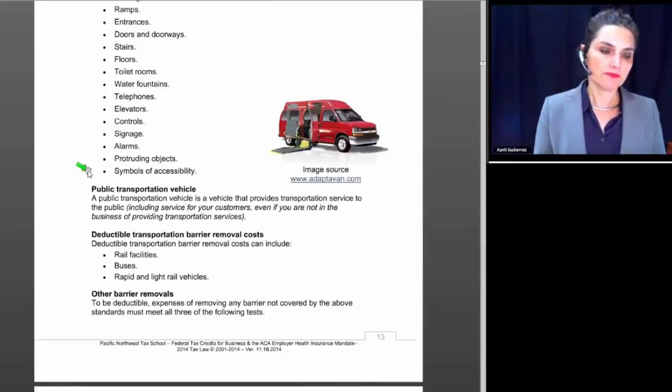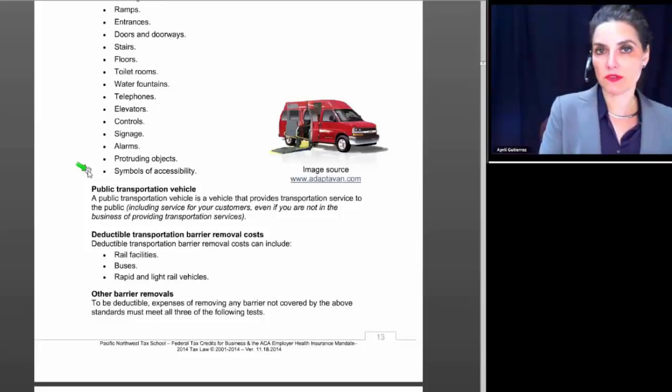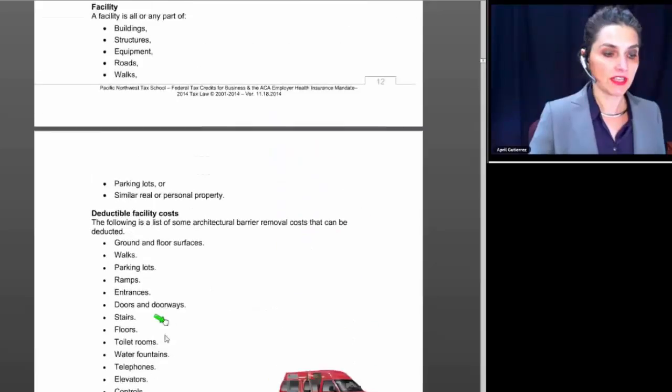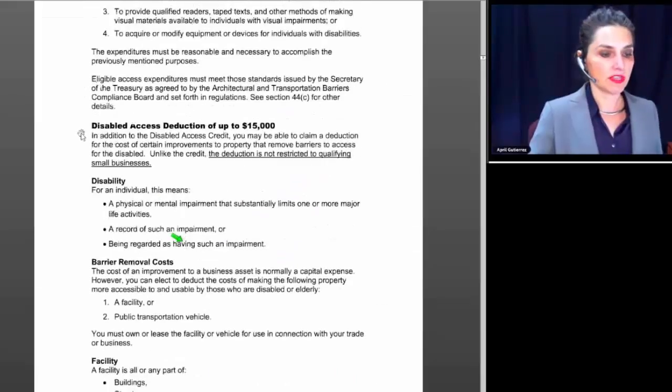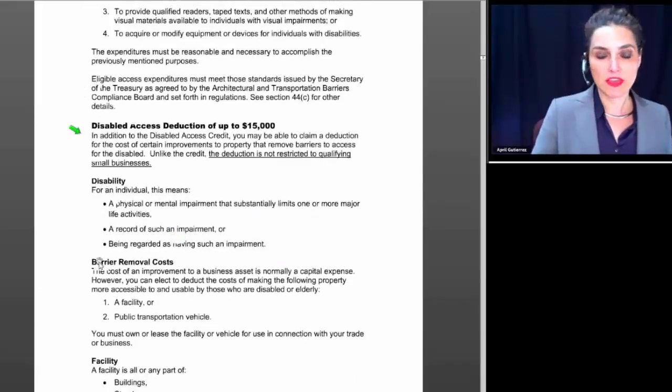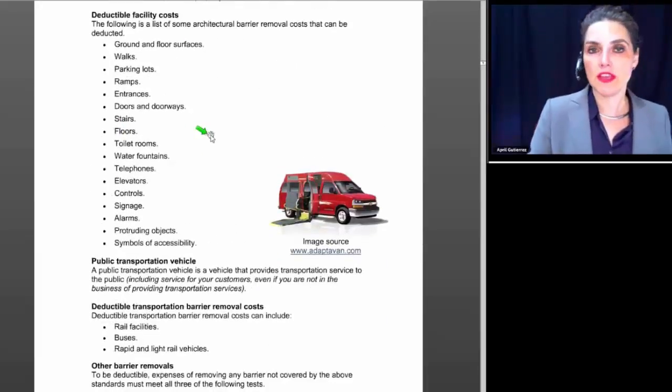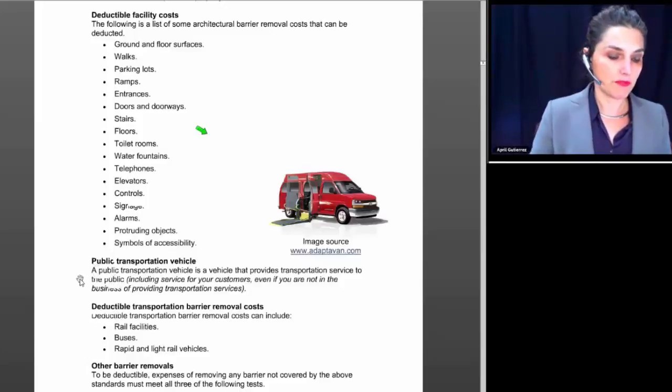So essentially, the particular items that are described here are eligible to be claimed as a deduction under the disabled access deduction. But these also are the types of improvements that can qualify for the disabled access credit. So it just depends on how the business wants to claim the expense, either as a credit or as a deduction, in some cases possibly a little bit of both.